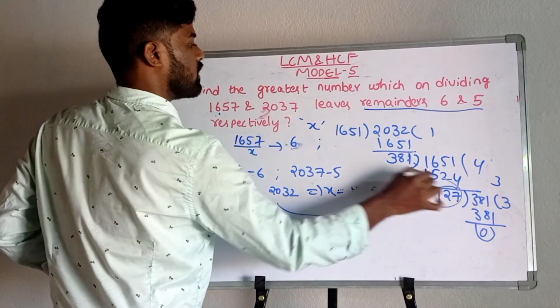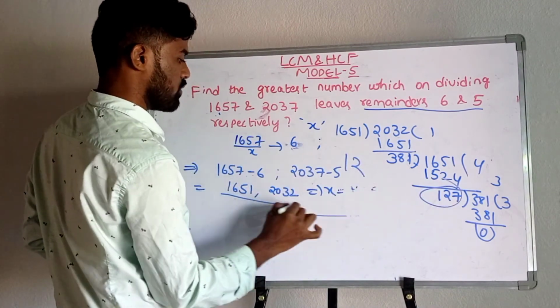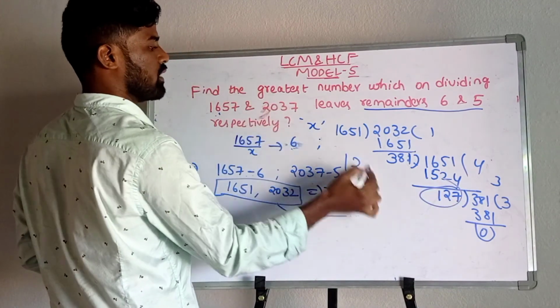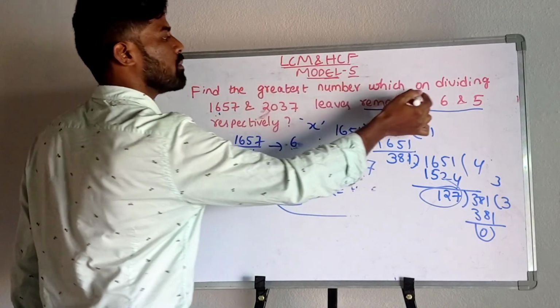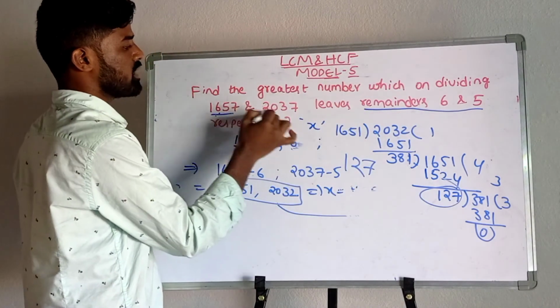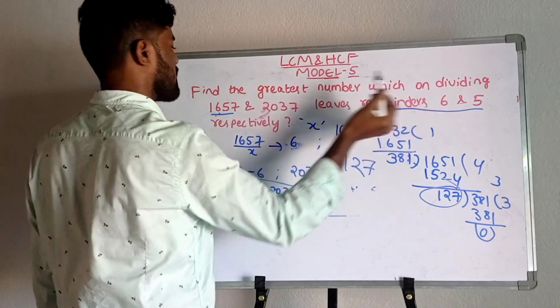That means 127 is the HCF of these two numbers. Our answer is 127. 127 is the greatest number which on dividing 1657 and 2037 leaves remainders 6 and 5 respectively.